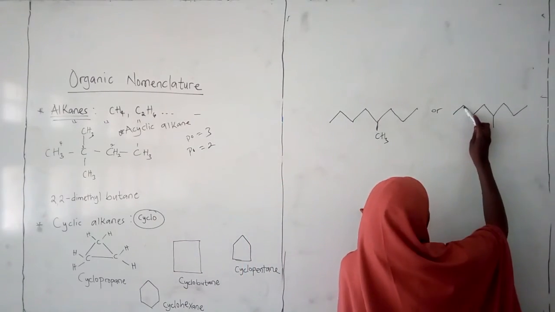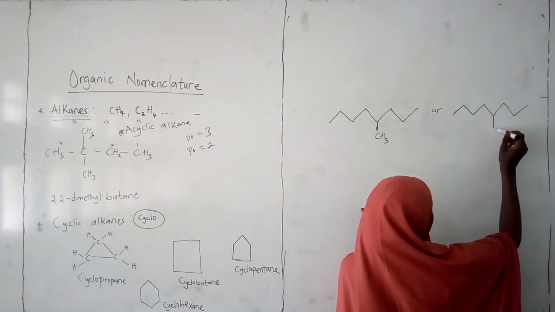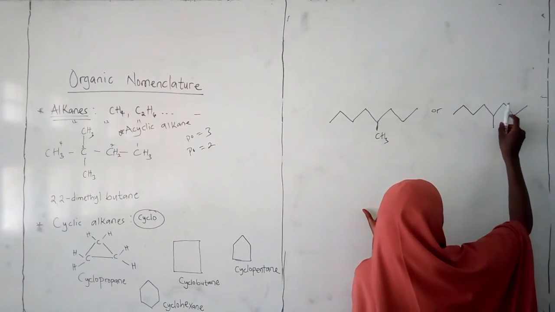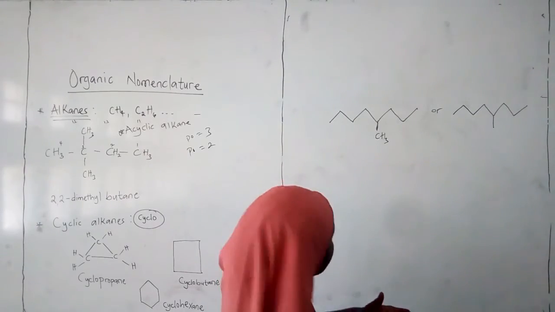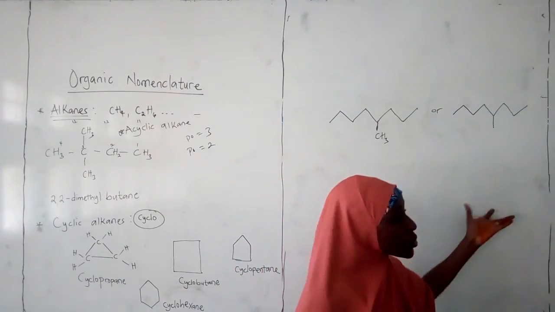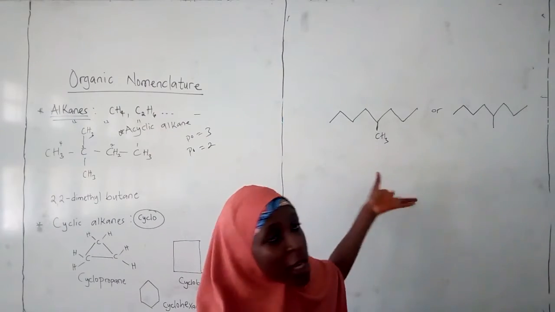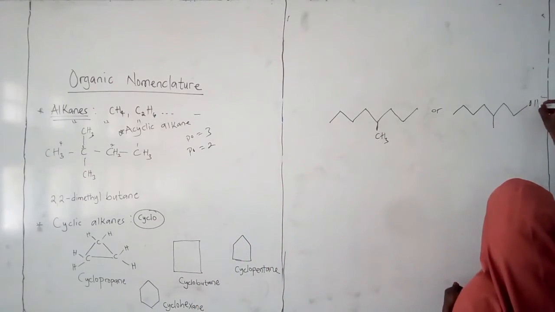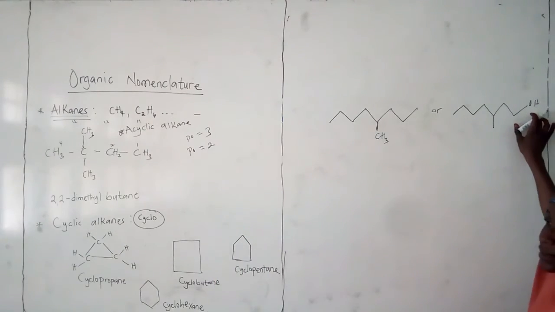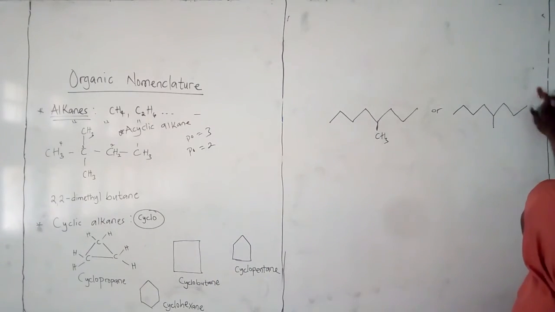We have carbon here, carbon, carbon, carbon, carbon, and here also is a carbon, carbon, carbon, carbon. If you have any element or any substituent other than carbon and hydrogen, it is going to be indicated. Let's say maybe here is OH. If it is OH, it is definitely going to be indicated.